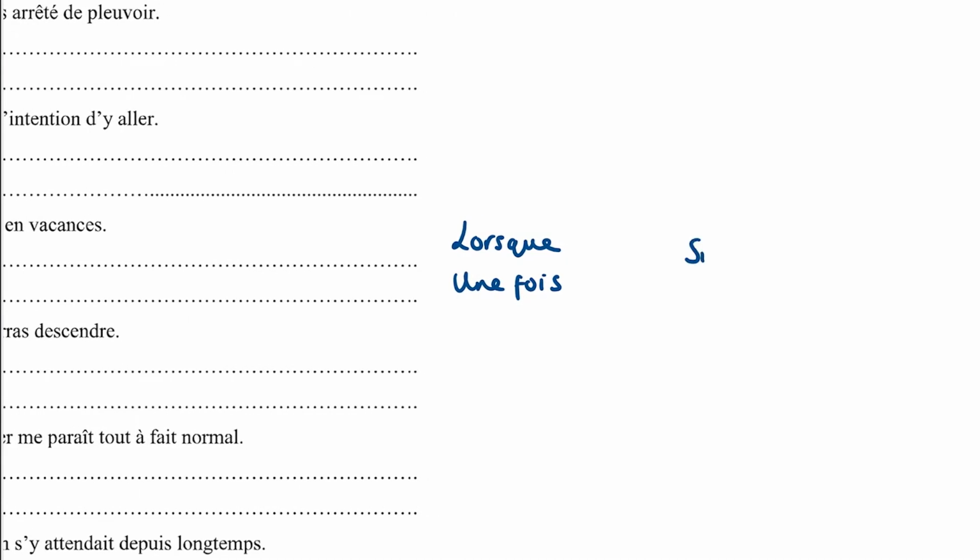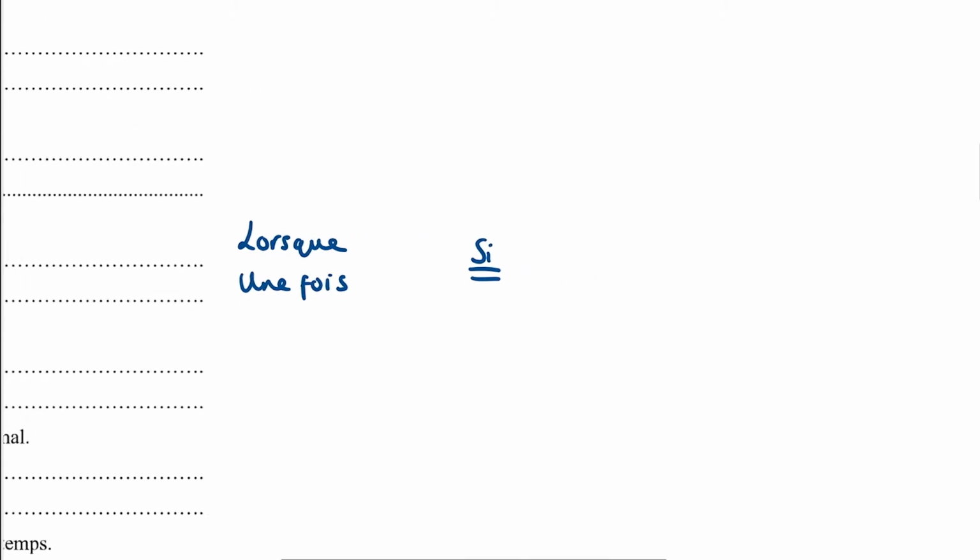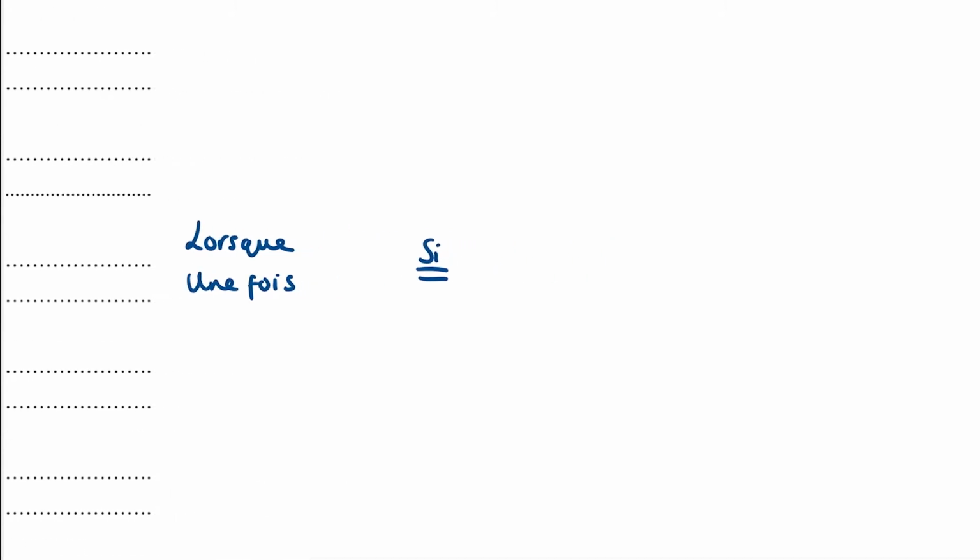Exception to this is si. Si, it's always going to be a present tense when you're talking about the future. So, for example, let's use s'il fait beau, nous partirons en vacances. And this is despite the fact.